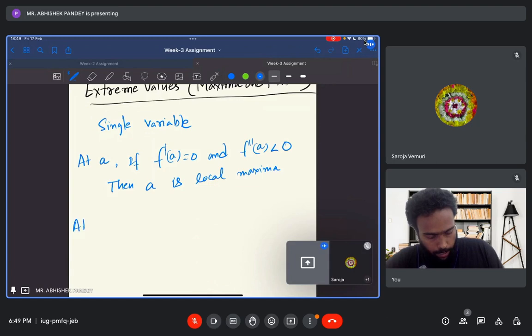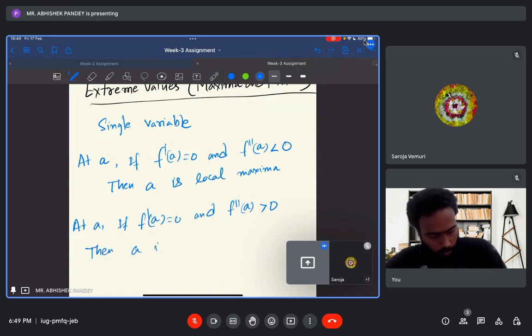And at A, if f dash is 0 and the double derivative at A is positive, then A is a local minima.